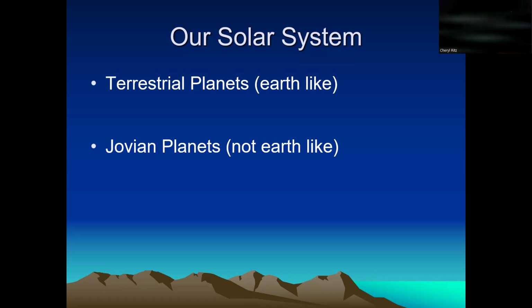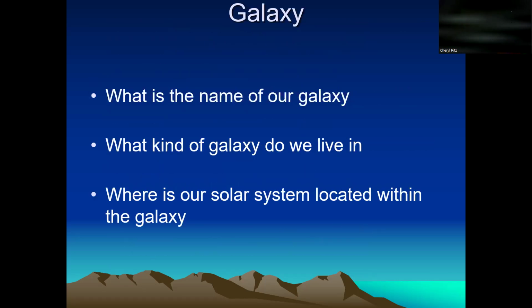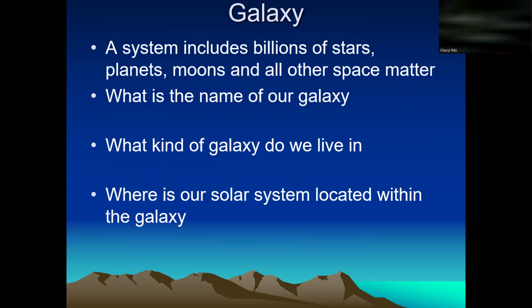So in our solar system, there's 1 sun, a star. Lots and lots of stars in the galaxy. So now on page 29, a galaxy is a system that includes billions of stars, planets, moons, and other space matter.